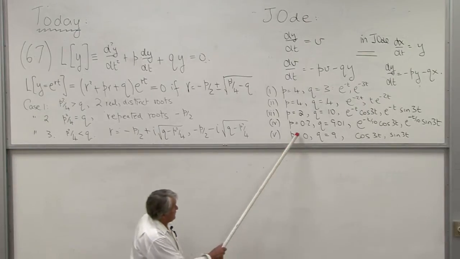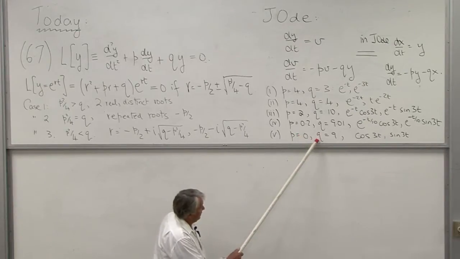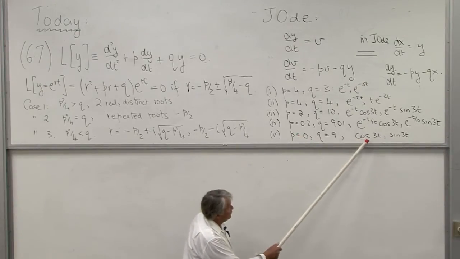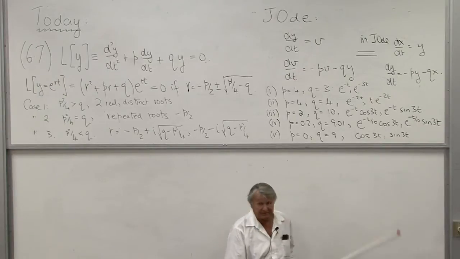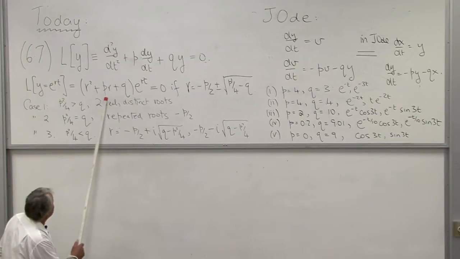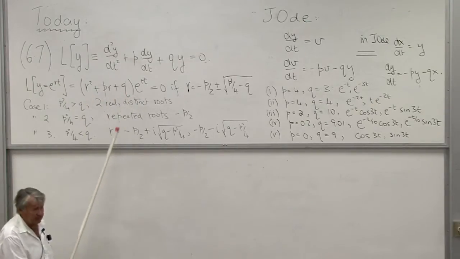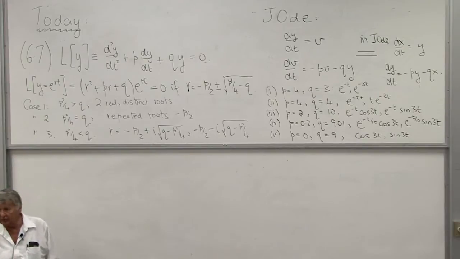A special case of this, of course, is when the damping is 0, and now I've taken q as 9, and then the two solutions are cos 3t and sine 3t. Because when p is 0 and q is 9, this is r squared plus 9 is 0, r is equal to 3i and minus 3i.